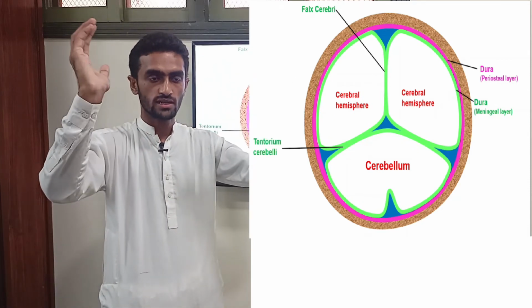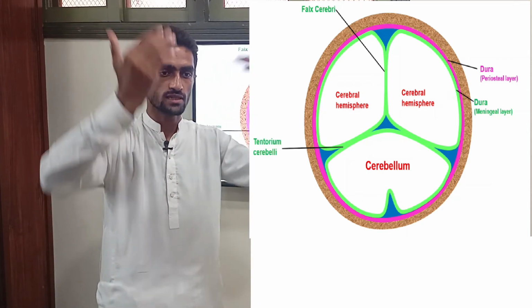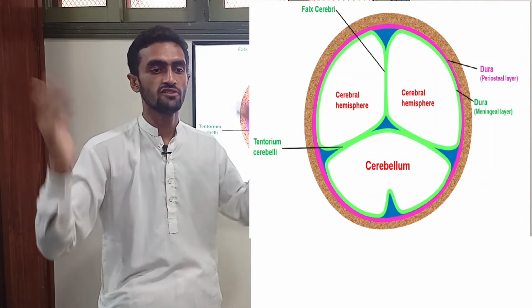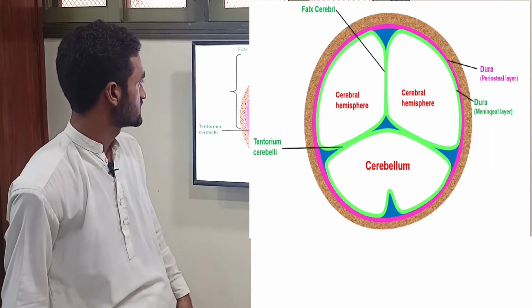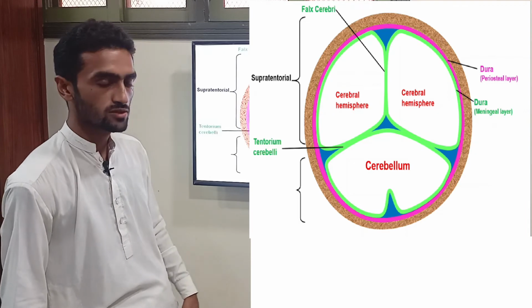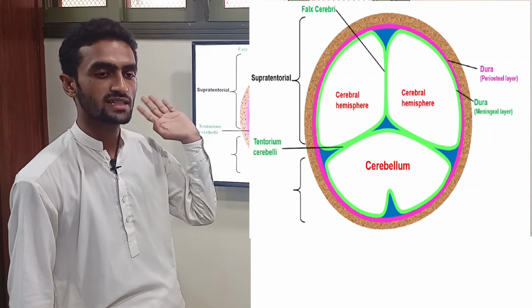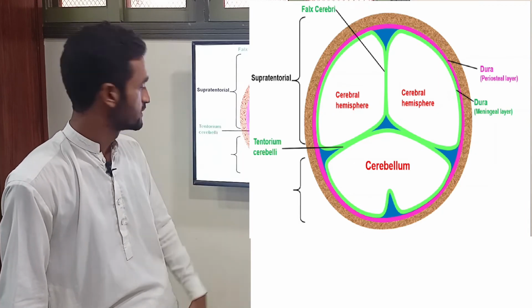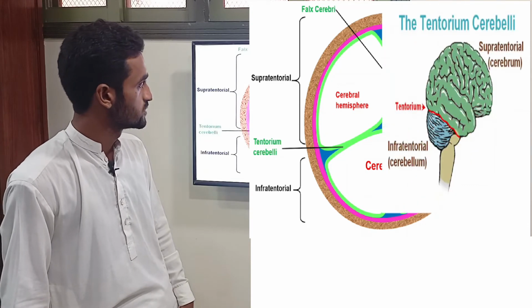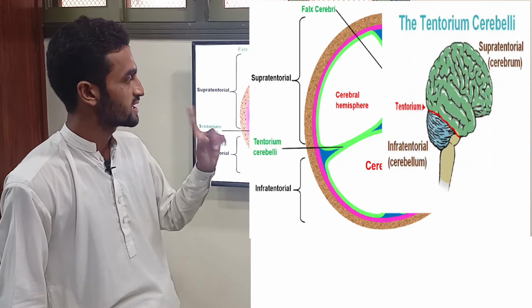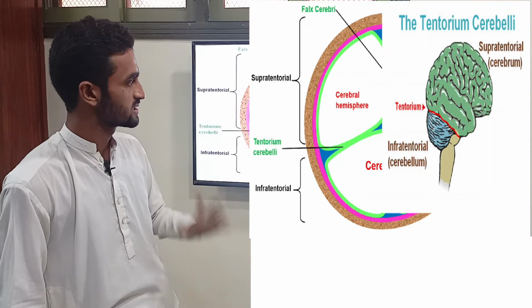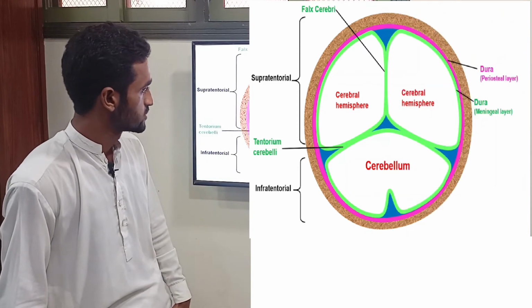The part above the tentorium is supratentorial, and below the tentorium is infratentorial. So it is easier: what is supratentorial? The cerebrum. What is infratentorial? The cerebellum. You can see supratentorial and infratentorial in this picture. Let's continue the picture.